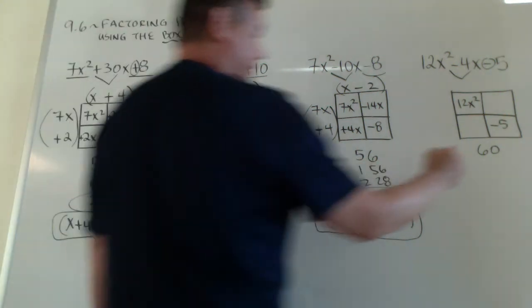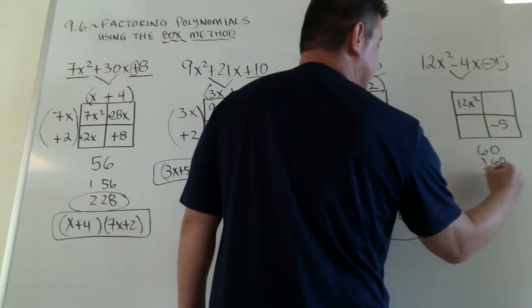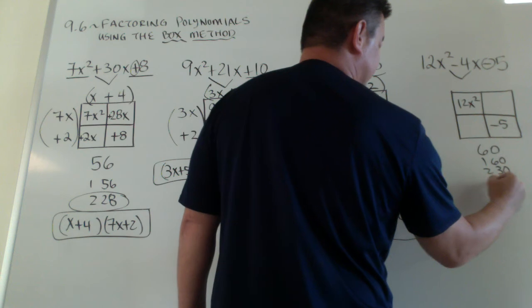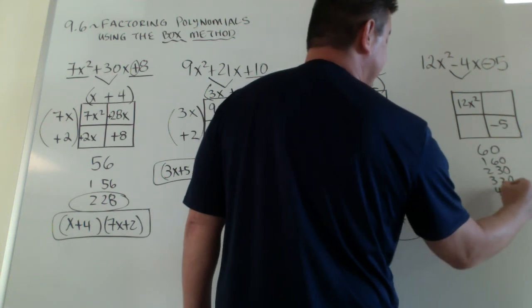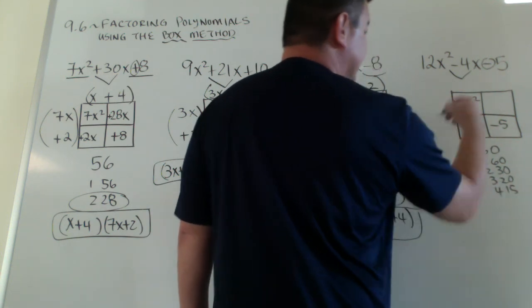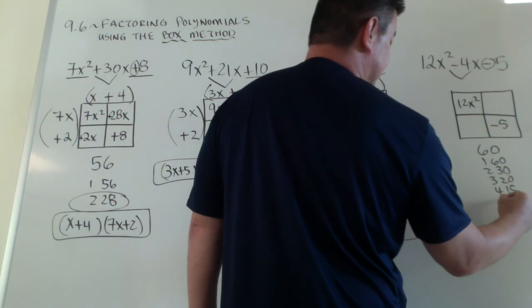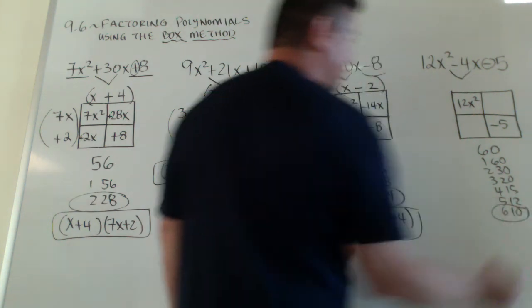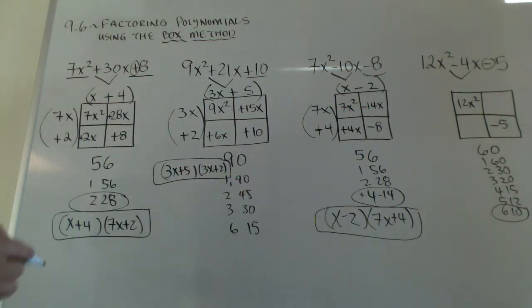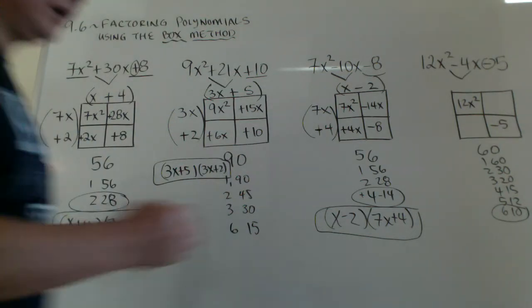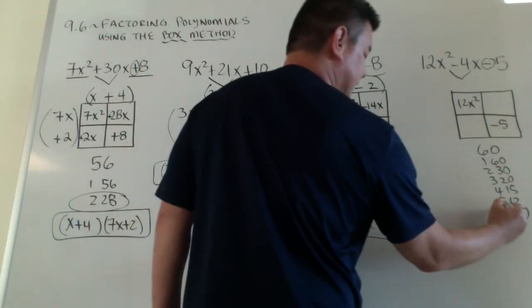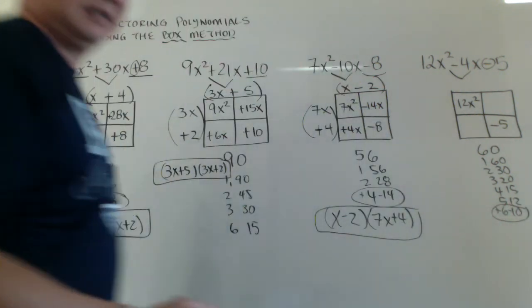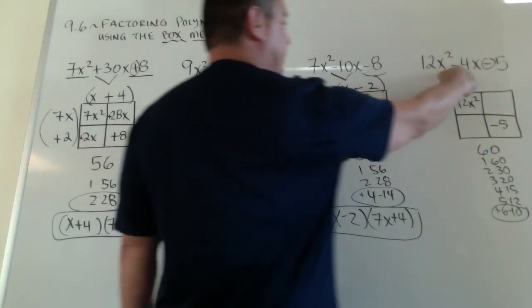So I go 1 and 60, 2 and 30, 3 and 20, 4 and 15, 5 and 12, 6 and 10. There's my difference of 4. Because I need a negative 4, I'm going to make this a positive 6 and a negative 10, so I can get the negative 4 up here.